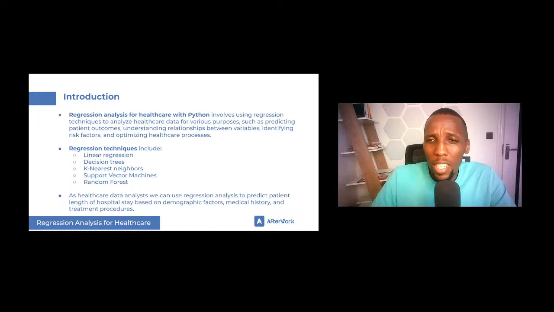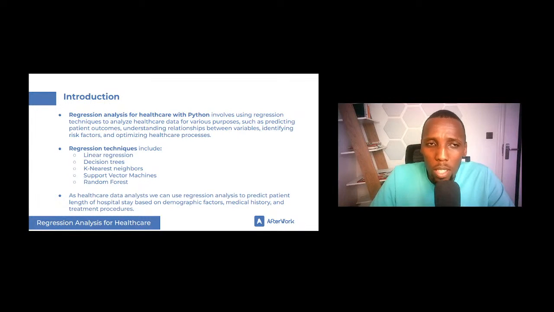There are tens or hundreds of algorithms at our disposal as data professionals and healthcare professionals. Some of the ones that we are going to be learning about, which we are calling regression techniques, are linear regression. That's an algorithm. It's a complex mathematical function that works differently from other regression algorithms.